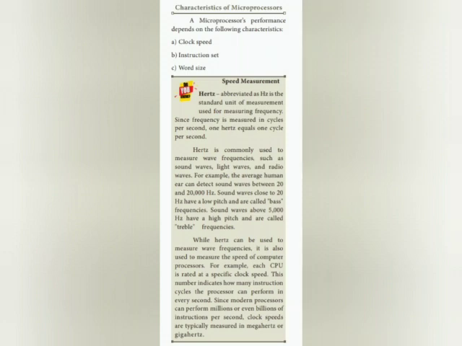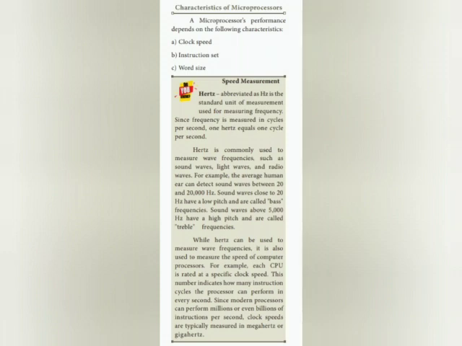For example, the average human ear can detect sound waves between 20 and 2000 Hertz. Sound waves close to 20 Hertz have a low pitch and are called bass. Sound waves above 5000 Hertz have a high pitch and are called treble frequencies. While Hertz can be used to measure wave frequencies, it is also used to measure the speed of a computer processor.